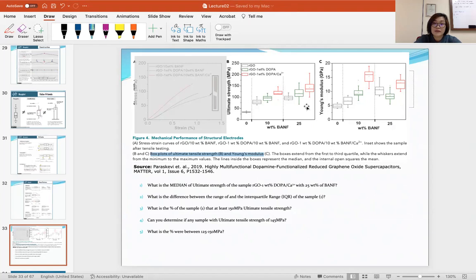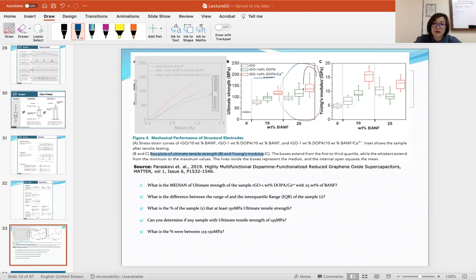If you look at this, there are a lot of box plots, but this is 10, 25 is here, and I'm looking at this one, /cat.